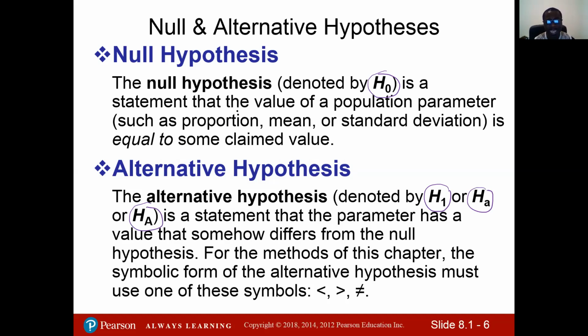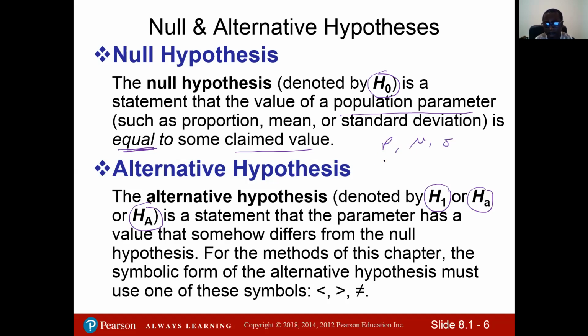It's a statement that the value of the population parameter, whether it is a P or a mu, is equal to, please note that it is equal to, some claimed value.